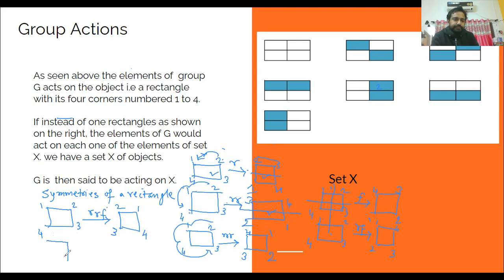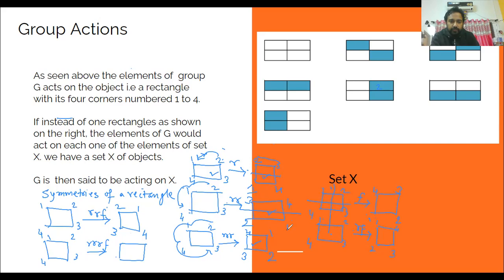Lastly, R followed by an R followed by an R followed by an F would be just a vertical flip of this configuration.